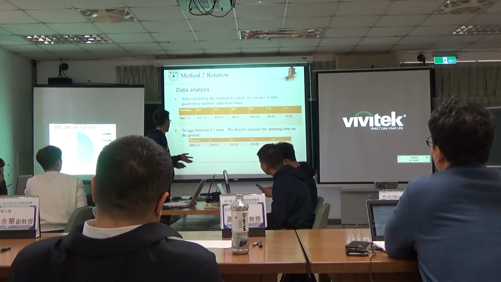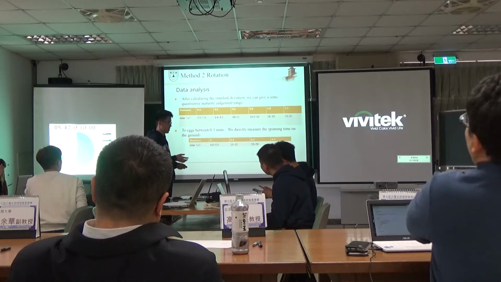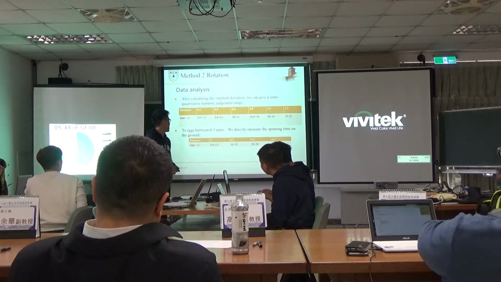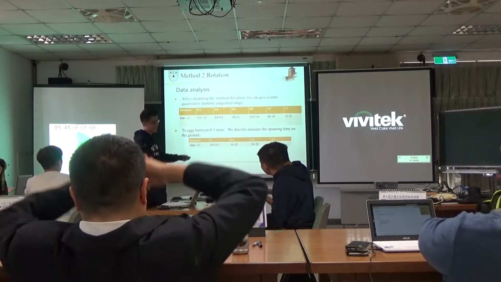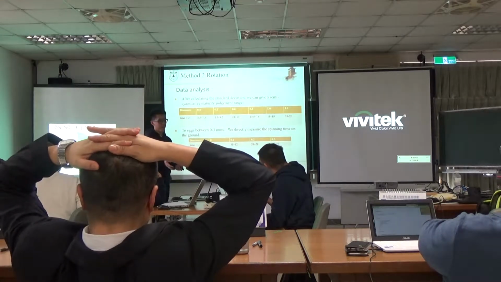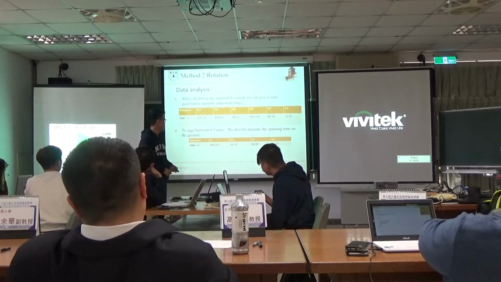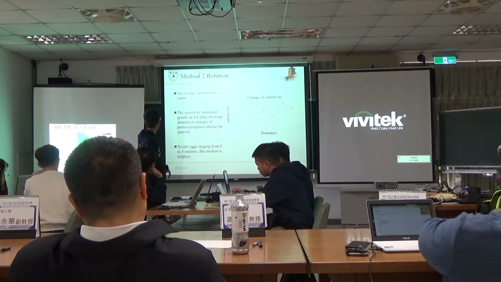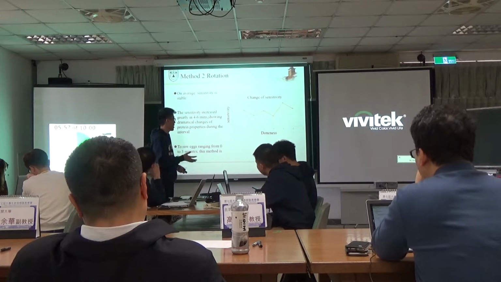But for eggs between 0 to 3 minutes, the eggs cannot erect, so we just directly measure the spinning time on the ground. We can see that it also has great differences. And we can also analyze the sensitivity.